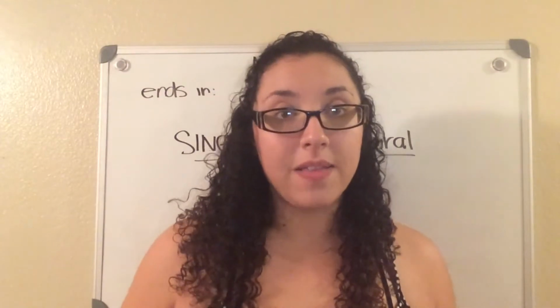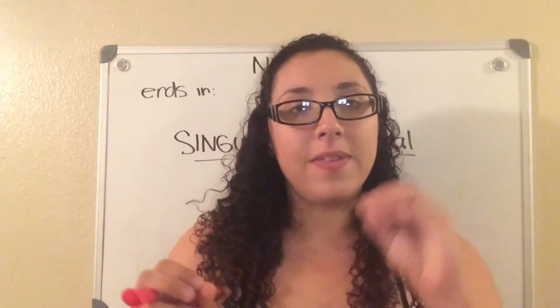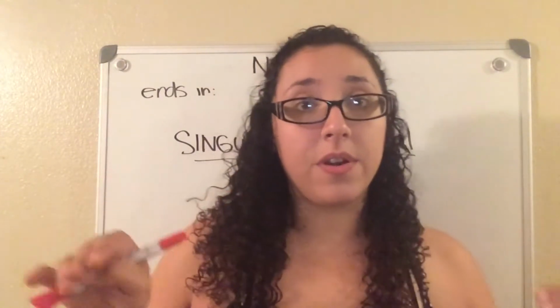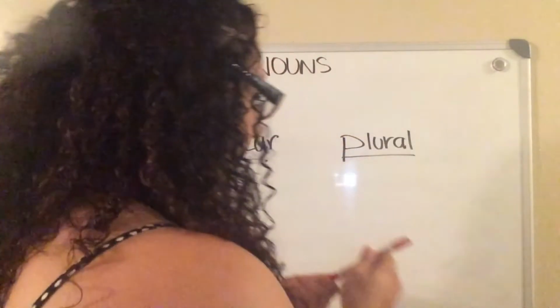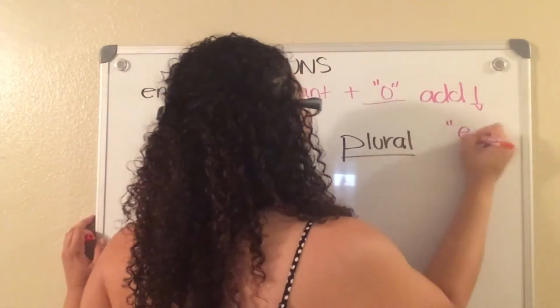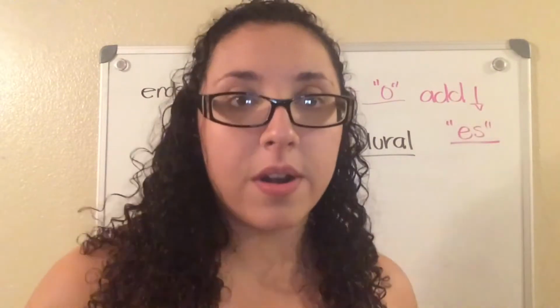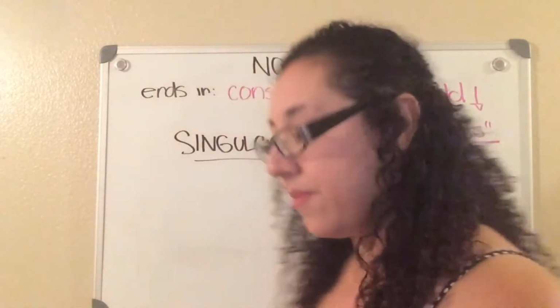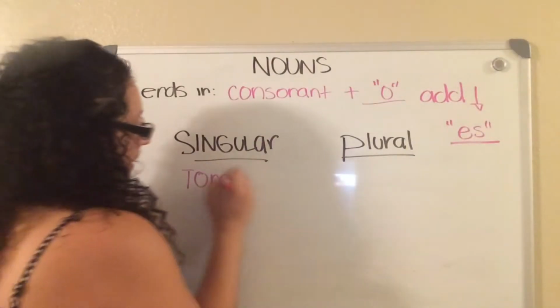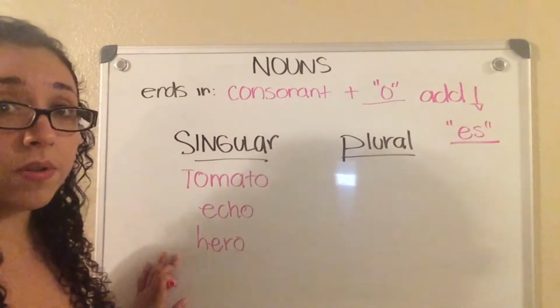If your noun ends in a consonant plus the letter O, you would add the letters ES after the letter O. But you will not remove any letters from your original word. Let me give you some examples. Tomato, echo, and hero.